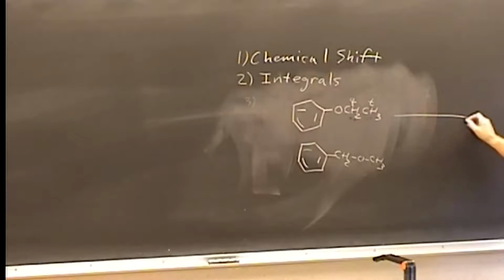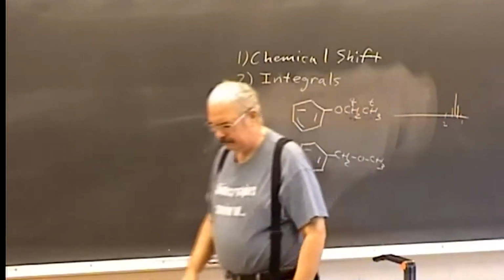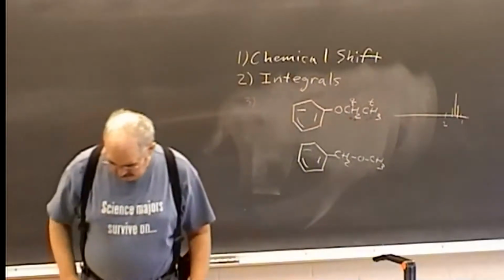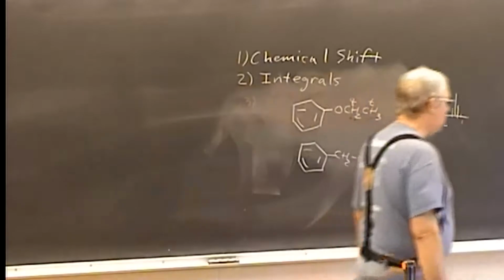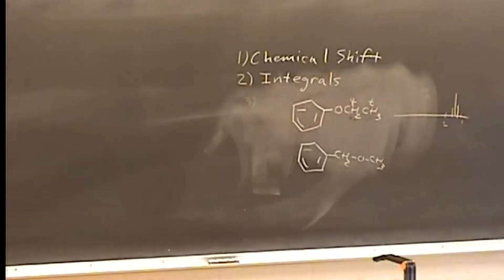The CH3 would show up somewhere between 1 and 2, and it would be a triplet. By Pascal's triangle, the peak in the middle would be approximately twice as tall as the two outside peaks.